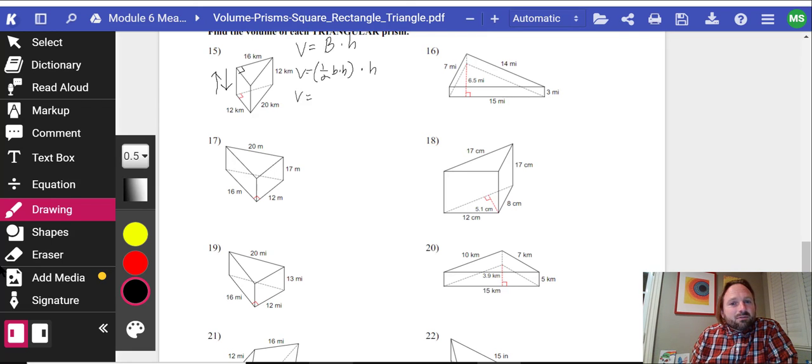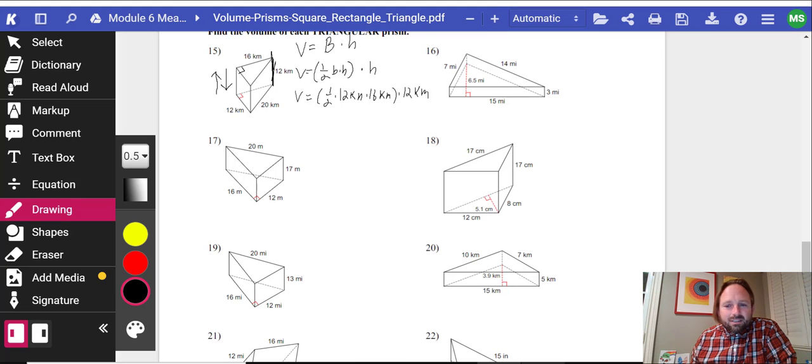So the volume is equal to 1/2 of 12 kilometers times this little height, 16. And how many times does it repeat? 12, right here. Repeats for 12. And so now I have to multiply all of these and then divide by 2, or just do times this times this times this times 1/2.